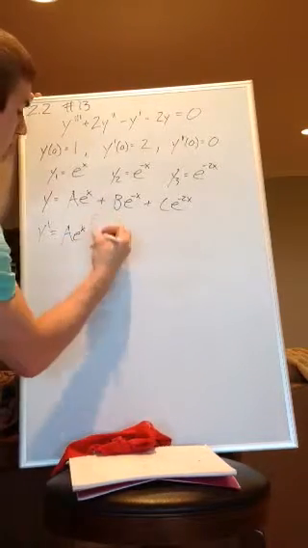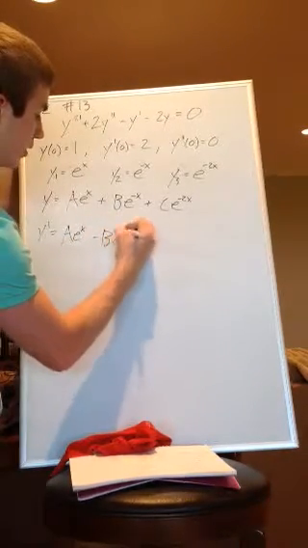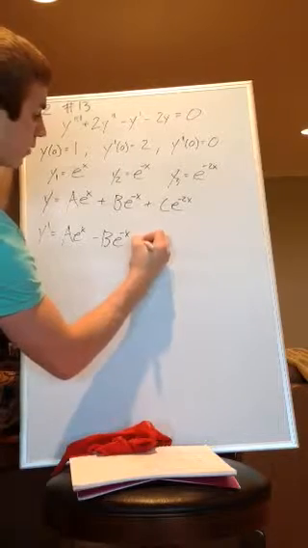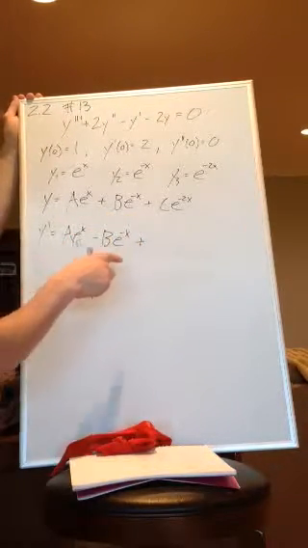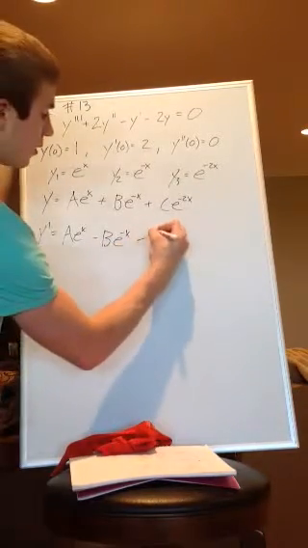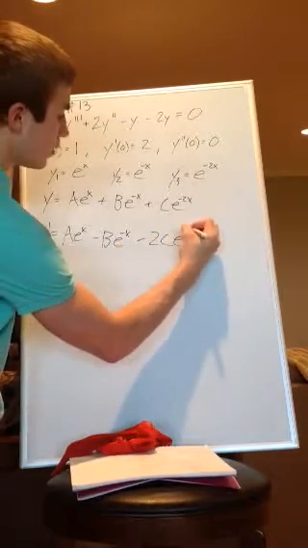So this is actually going to be minus b e to the negative x. And for our second one, we're going to have to do that same thing, but this is a negative 2. So now we're going to have negative 2c e to the negative 2x.